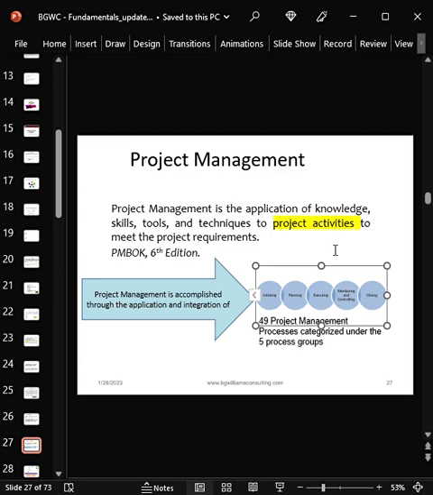Which simply says that when Lola was giving us her introduction, she told us that she's in the design industries. So which means the project activities in the design industry is different from the project activities in the pharmaceutical industry. Is different from the project activities in the medical industries. Is different from the project activities in the fintech space.